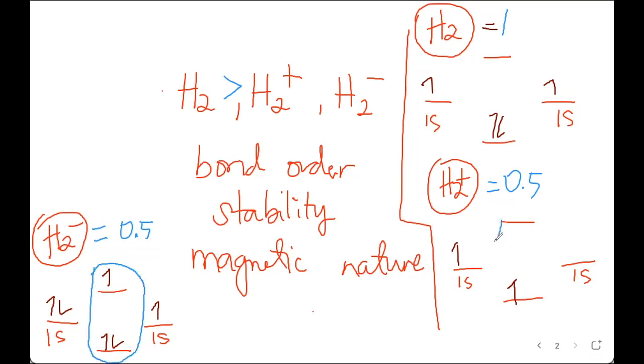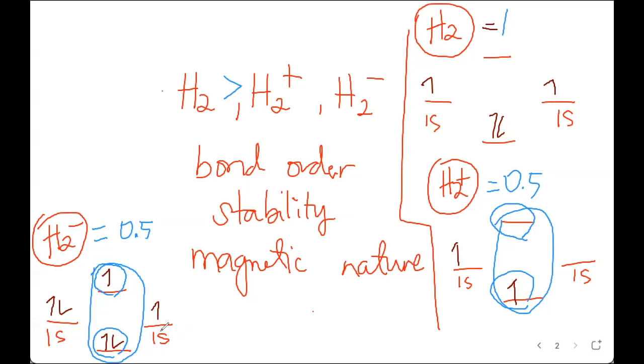Okay, i-compare natin. From these two, meron tayong dalawang electron sa ating BMO. Dito, meron tayong isang electron sa ABMO. Dito, walang electron sa ating ABMO.